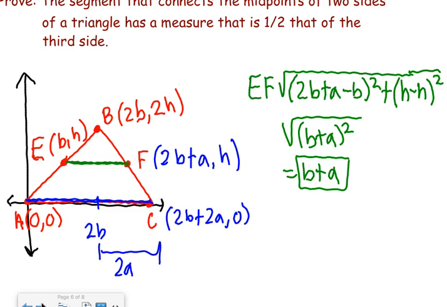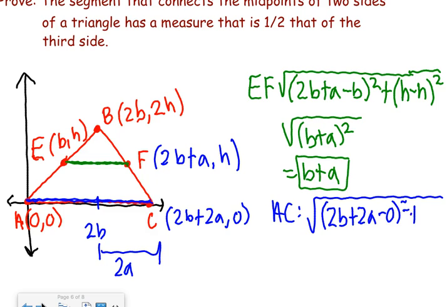Okay, now let's try AC. Oh, this one's not so bad, because look at this. 2B plus 2A minus 0.